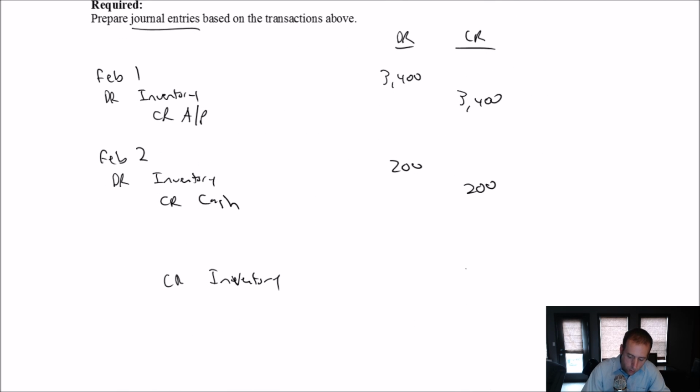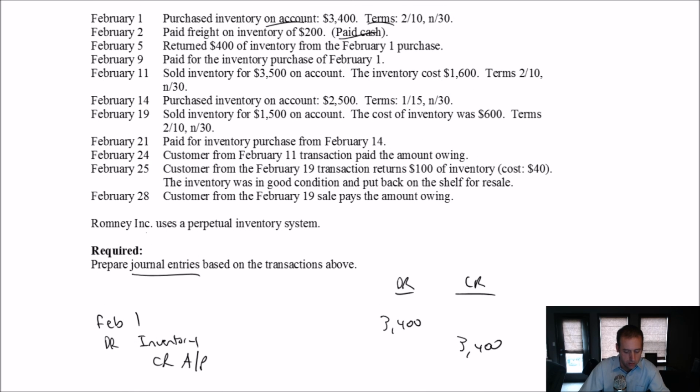So $400 worth of inventory goes back. I send it back. I say, look, I don't want this inventory anymore. And I debit accounts payable to say, you know what? I'm not going to pay you for this inventory I'm sending back. So there we have it, February 5th. It doesn't say why we returned it, but assuming there's no dispute here, they accept it. There's our journal entry for February 5th.